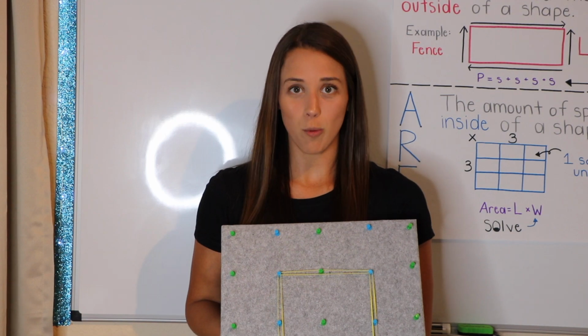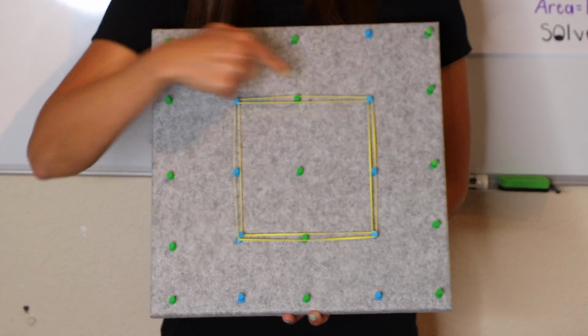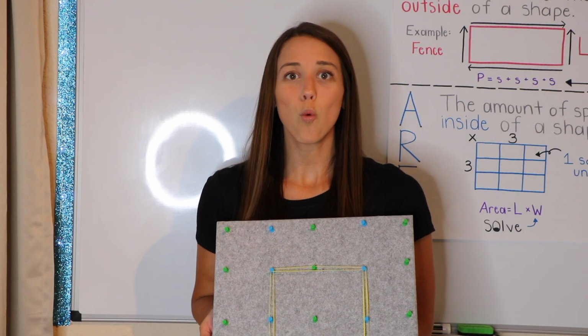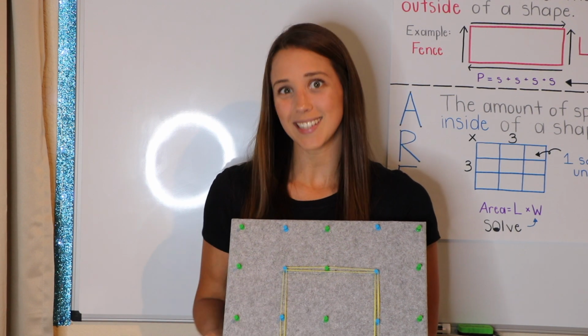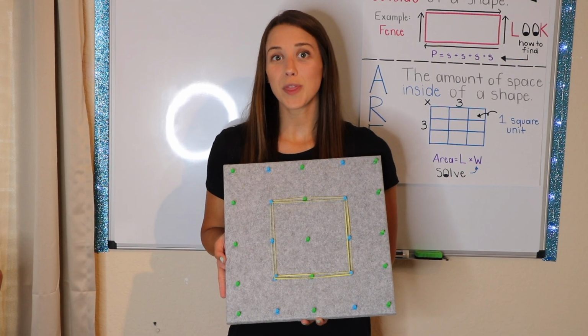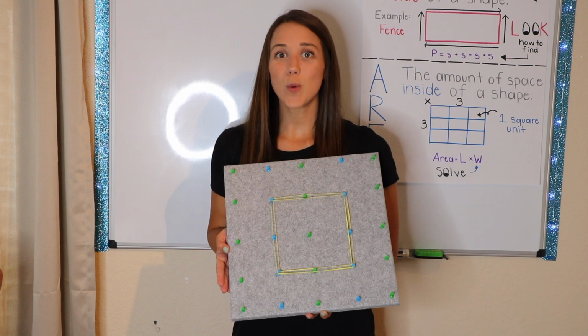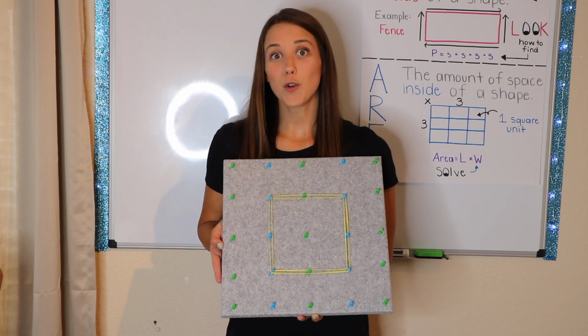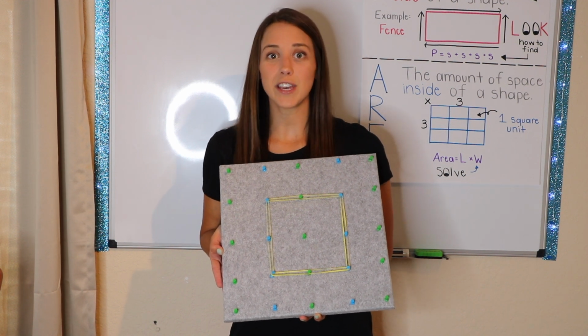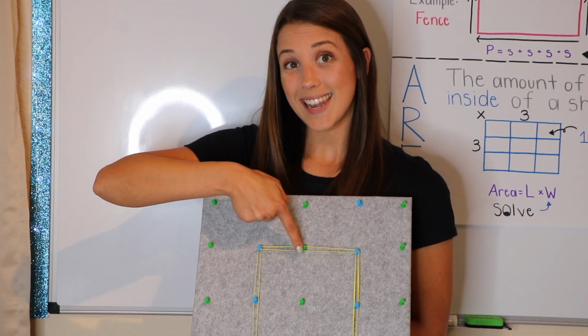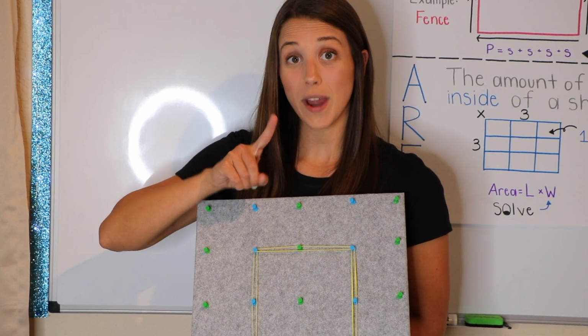Here is my geoboard. This is my square. We are going to see what the perimeter of this object is. In order to find it, we need to do a little bit of math. So first, let's calculate the length of each side. From one point to the next point represents 1 unit.